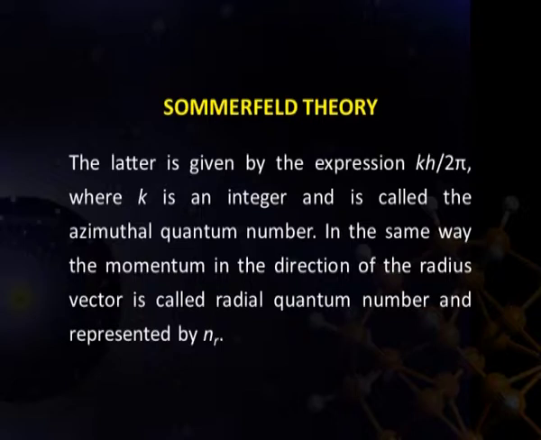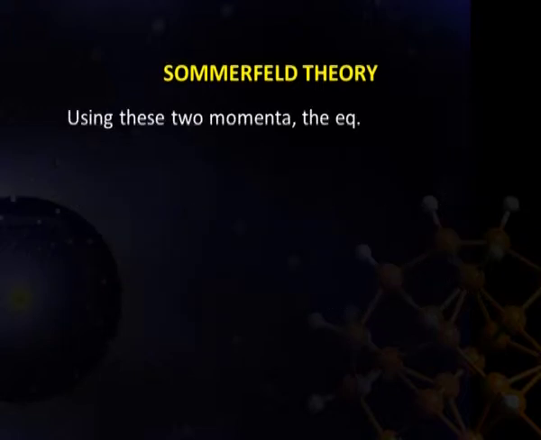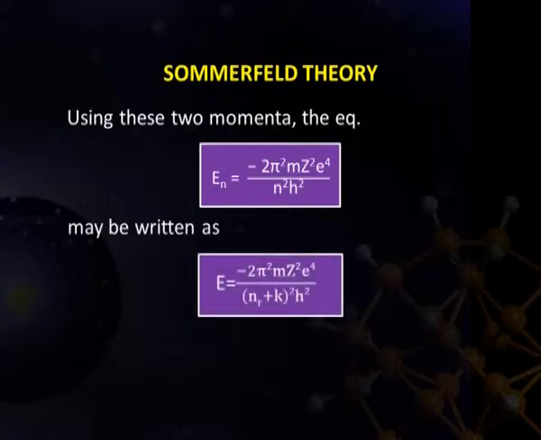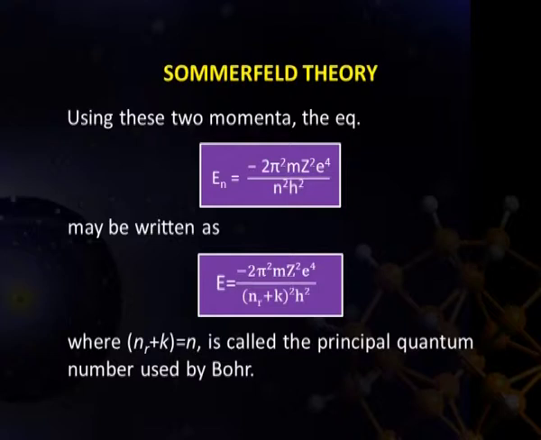It is represented by n r. Using these two momenta, the equation E n is equal to minus 2 pi square m z square e 4 upon n square h square may be written as E is equal to minus 2 pi square m z square e 4 upon (n r plus k) square into h square, where n r plus k is equal to n, called the principal quantum number used by Bohr.